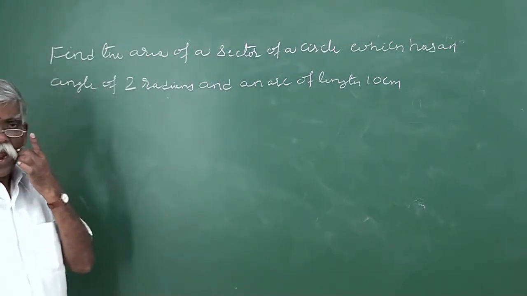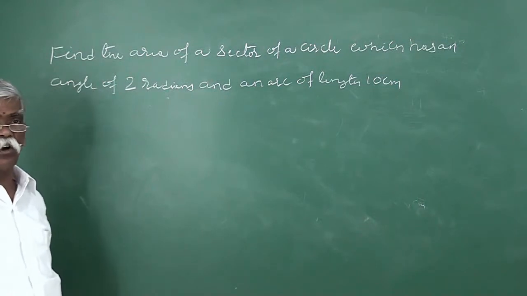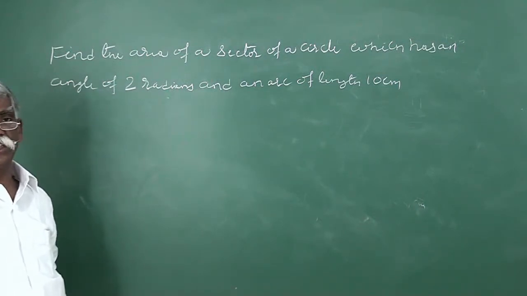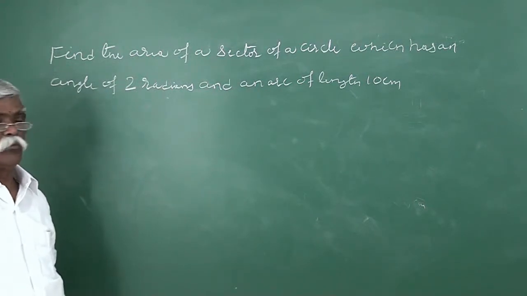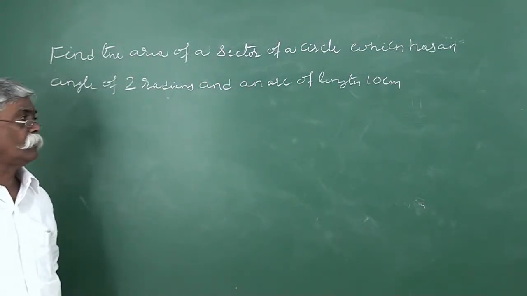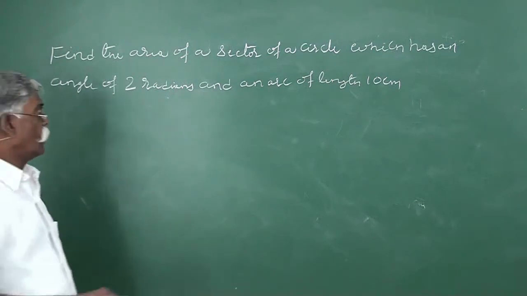That means on a circle, an arc of length 10 centimeters is making an angle of 2 radians at its center, and we are asked to find the area of the sector.